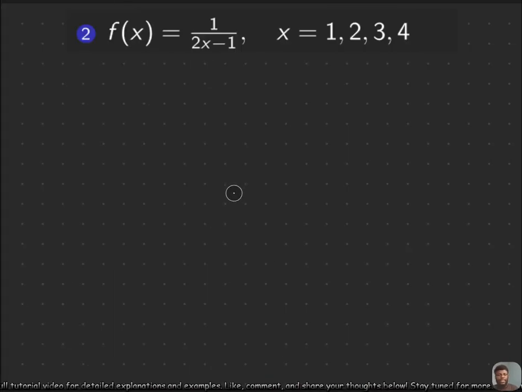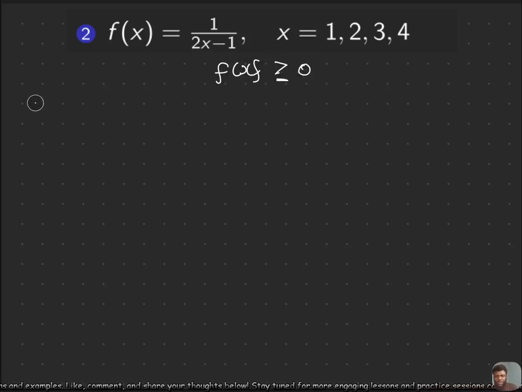The next one says f of x is equal to 1 all over 2x minus 1, and we have to test if this function can be a probability mass function. Once again, we are testing for f of x being greater than or equal to 0. We start with f of 1, substituting x as 1.